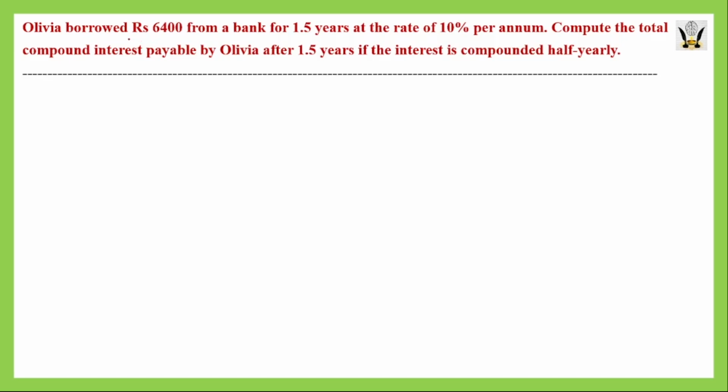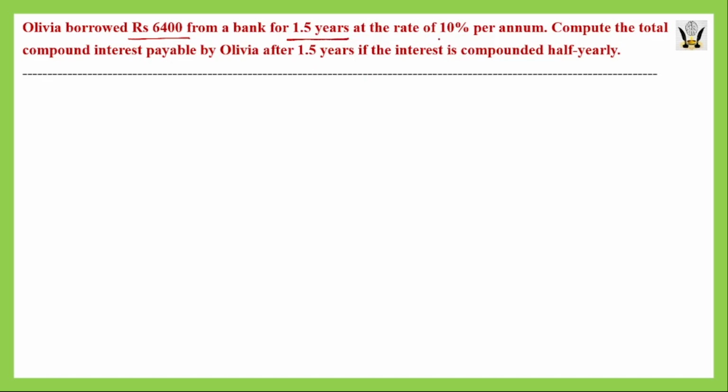The principal amount. Initially, it was rupees 6,400 that Olivia borrowed from a bank. So this is the principal amount. Then the time period, which is 1.5 years, the total time period after which we need to calculate the total compound interest payable by Olivia.